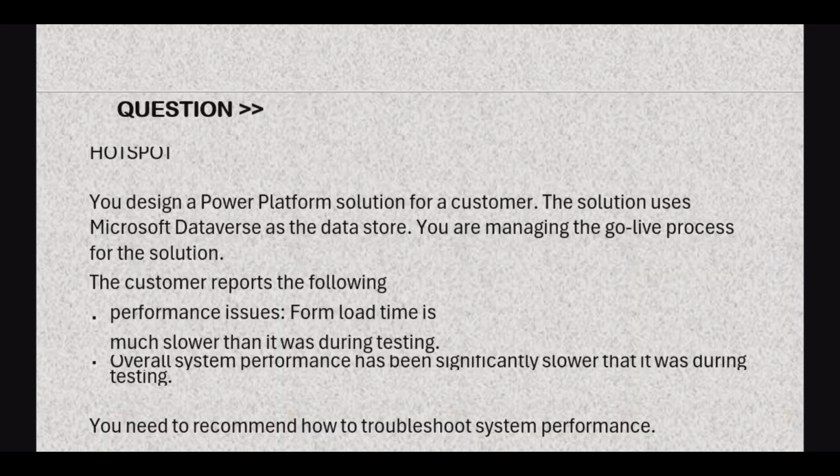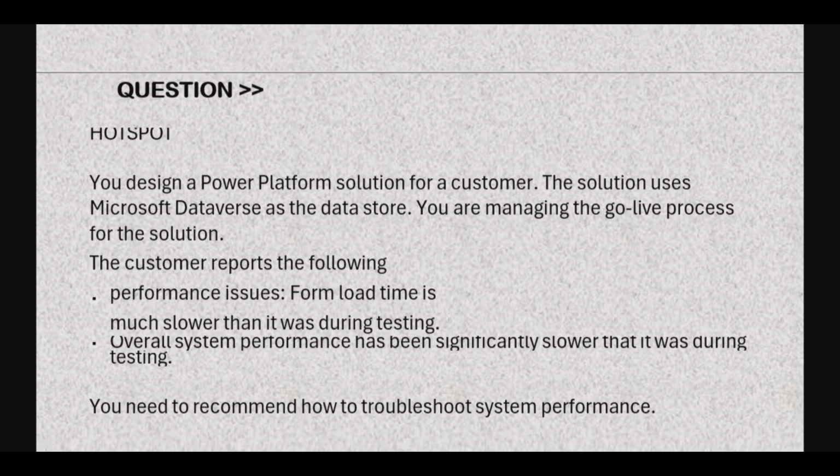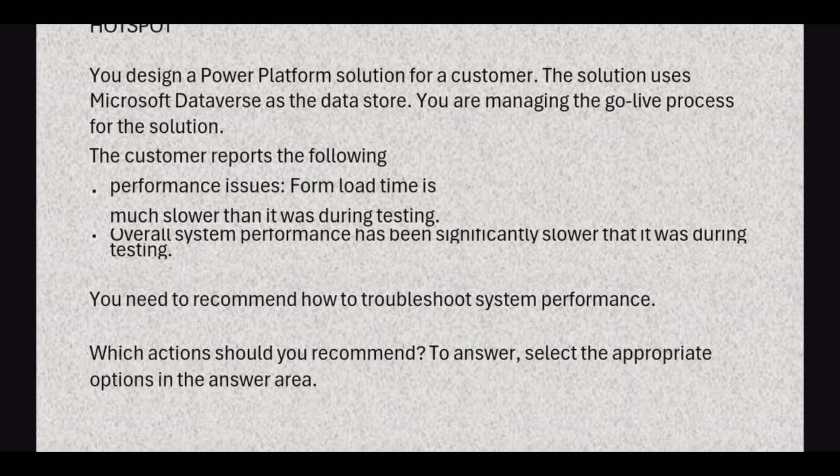Our next question is hotspot. You designed a Power Platform solution for a customer. The solution uses Microsoft Dataverse as the data store. You are managing the go-live process of the solution. The customer reports the following: performance issues, load time is much slower than it was during testing, and overall system performance has been significantly slower than it was during testing.